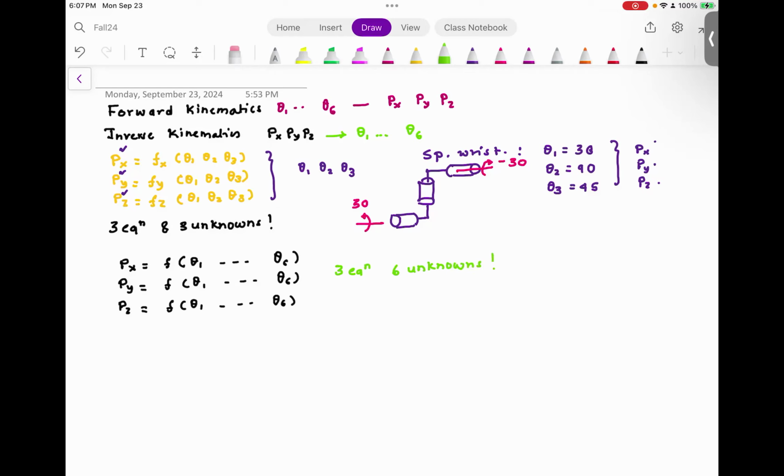You cannot solve this system in a closed form unless you make certain assumptions. What it means is you cannot substitute some value of Px, some value of Py, some value of Pz and ask MATLAB or any other software to give you theta values from theta 1 to theta 6.